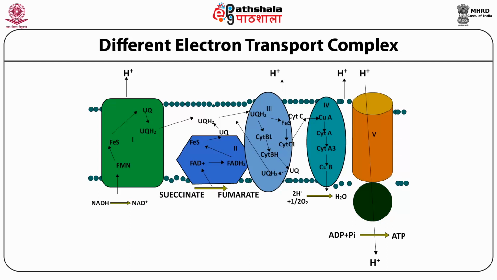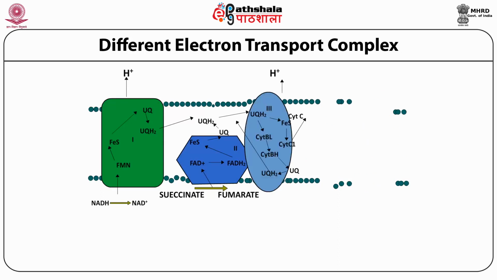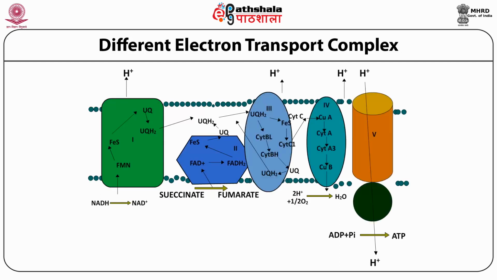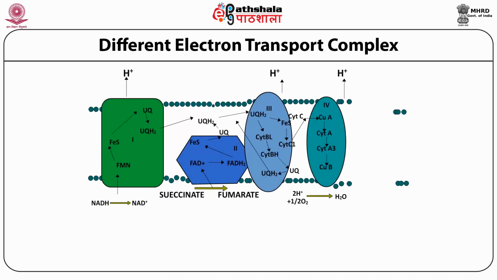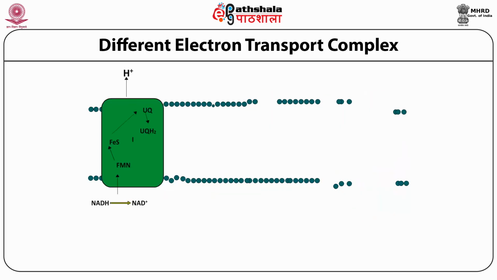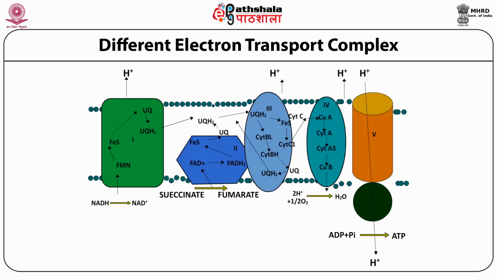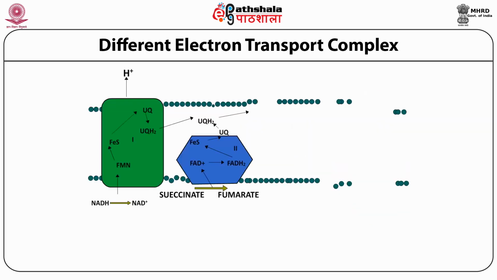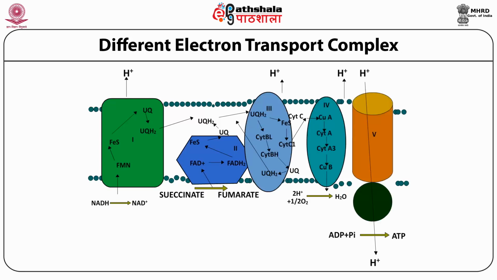The second reduced ubiquinone gives its electron again in a similar fashion to cytochrome C, but the semiquinone which is produced here gives its electron to the semiquinone via cytochrome BH, cytochrome Bl, and then that semiquinone is converted into reduced ubiquinone.